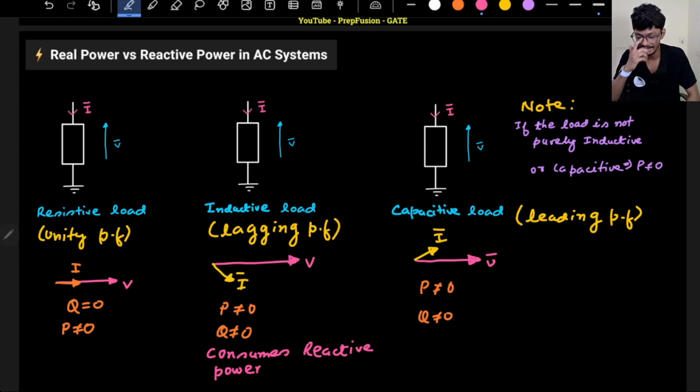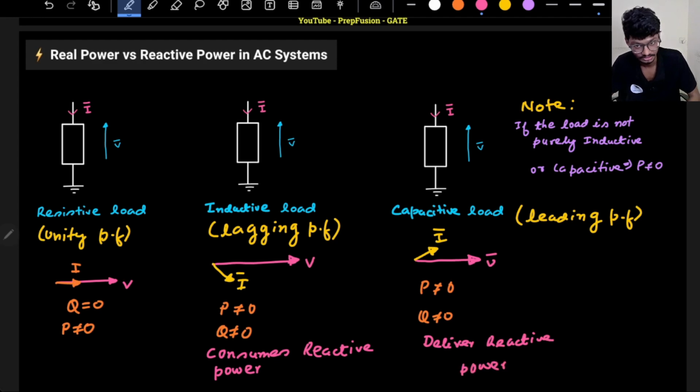So a capacitive load has the capacity to deliver reactive power. It will not consume reactive power, because it does not need to make magnetic flux. It has the capability of delivering. So from here, the capacitive load can supply Q, the inductive load will always consume Q, and the resistive load has Q equal to 0.